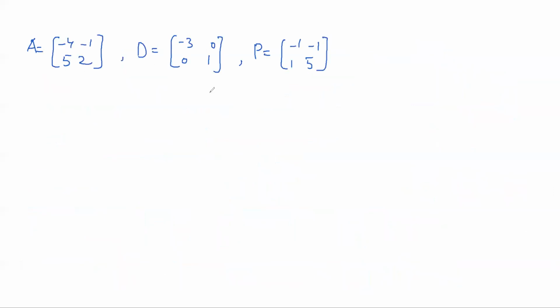So from P, we can find the P inverse by the shortcut method. Minus 1 times 5 and minus 1 times 1. The 5 and minus 1 will be replaced with each other, minus 1 will become 1, and this one will become minus 1.